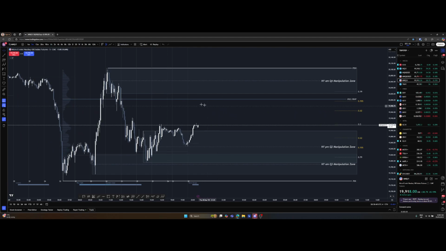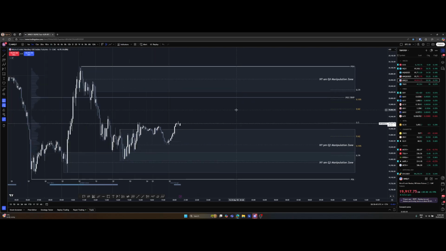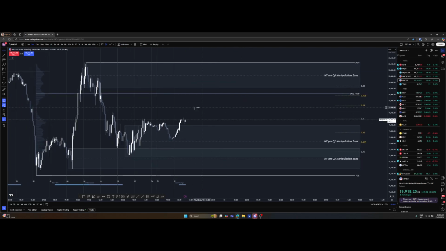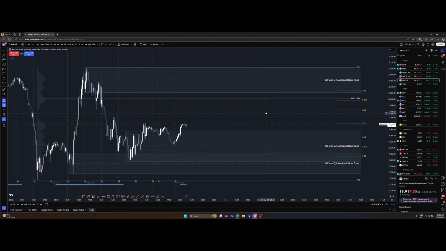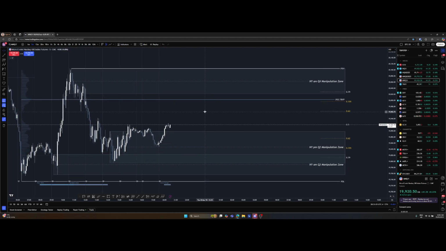To be honest, I'm looking for price to continue up. At the moment, we do have news today though, so we are tight, so it can consolidate. We've got our zones here. Need to wait and see what happens for Q3 for Asia as well. You can see if that can give us another zone to work with.